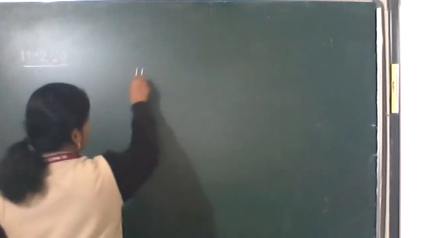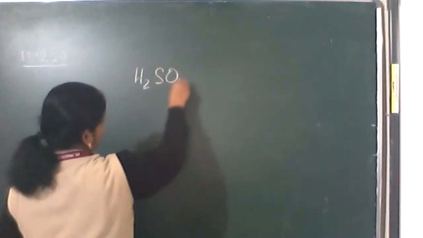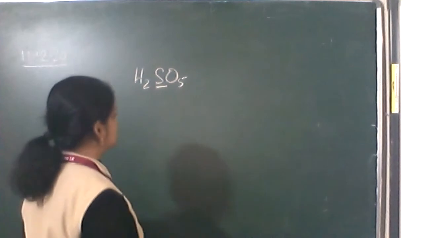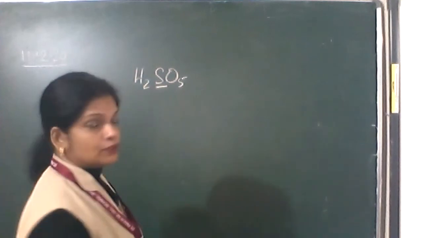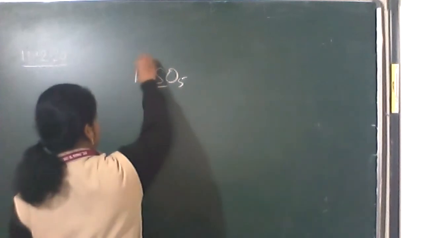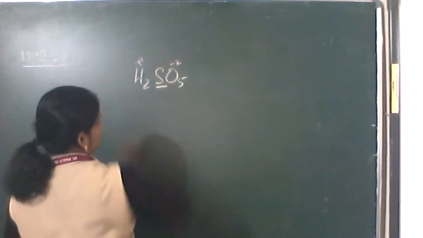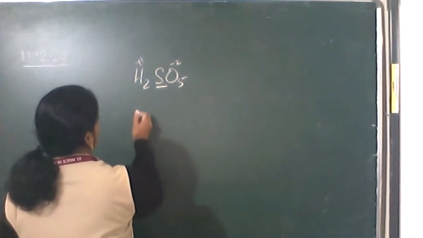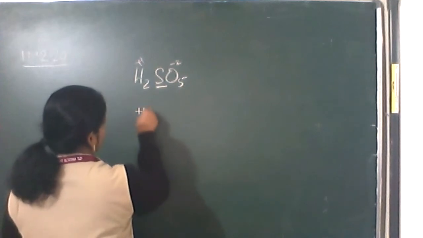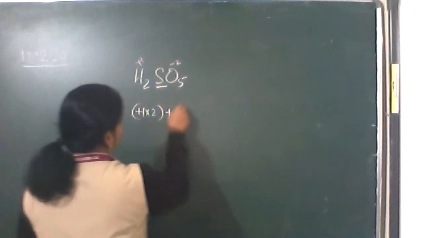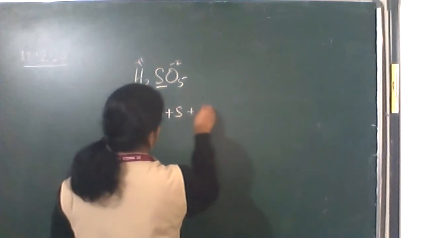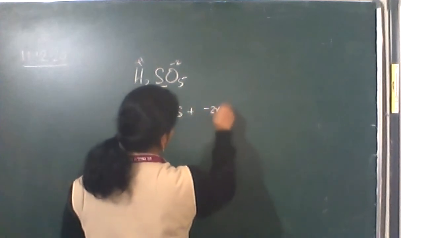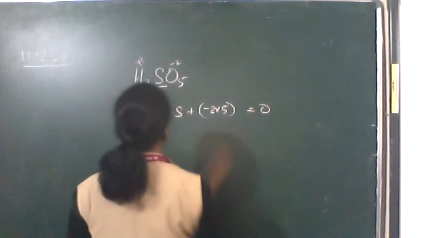Next, H2SO5. Calculate the oxidation state of S. You know that H is +1, O is -2. So, +1 into 2 plus sulfur plus -2 into 5 is equal to 0.